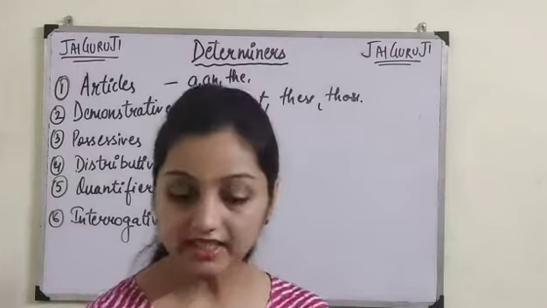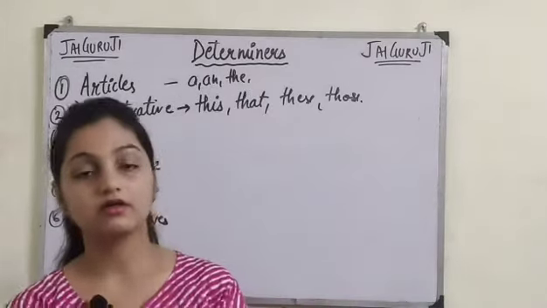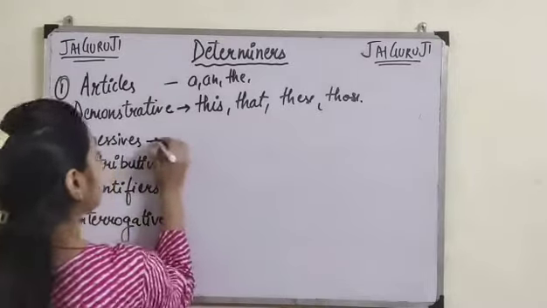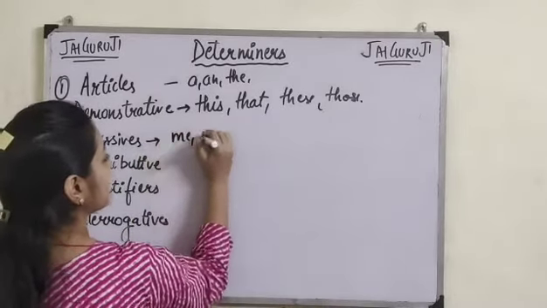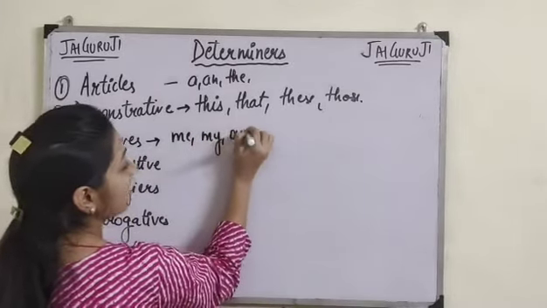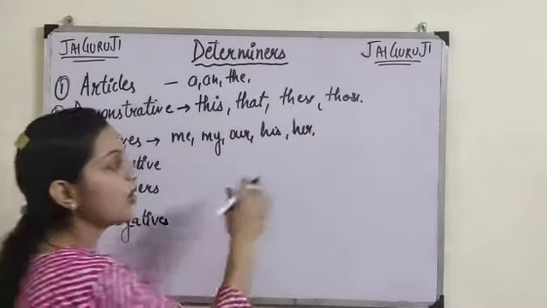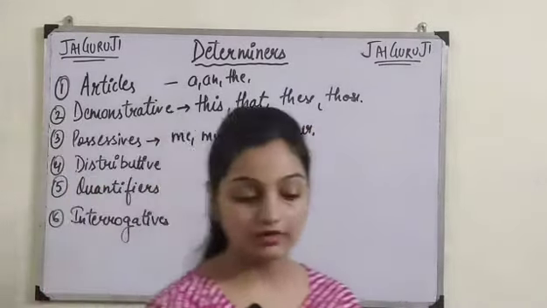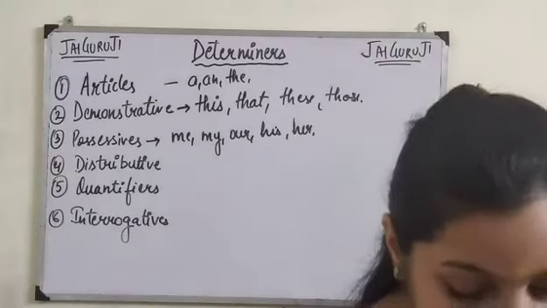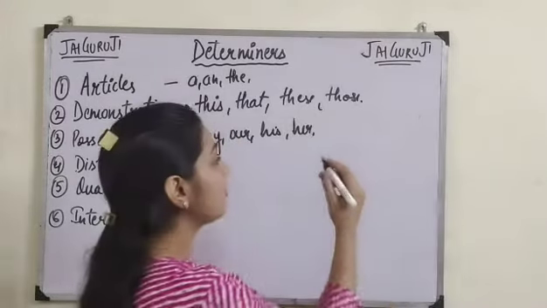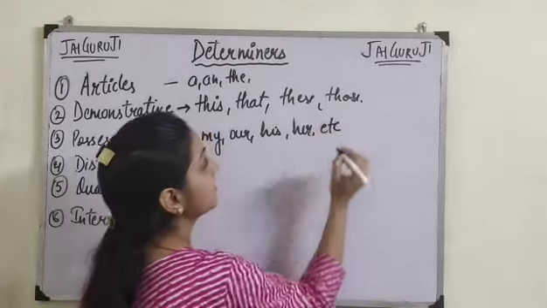Means me, my, our, your. So it will all come in the possessive. Me, my, our, his, her. It will be more. Own. It can be anything. Basically we have so many possessive determiners.